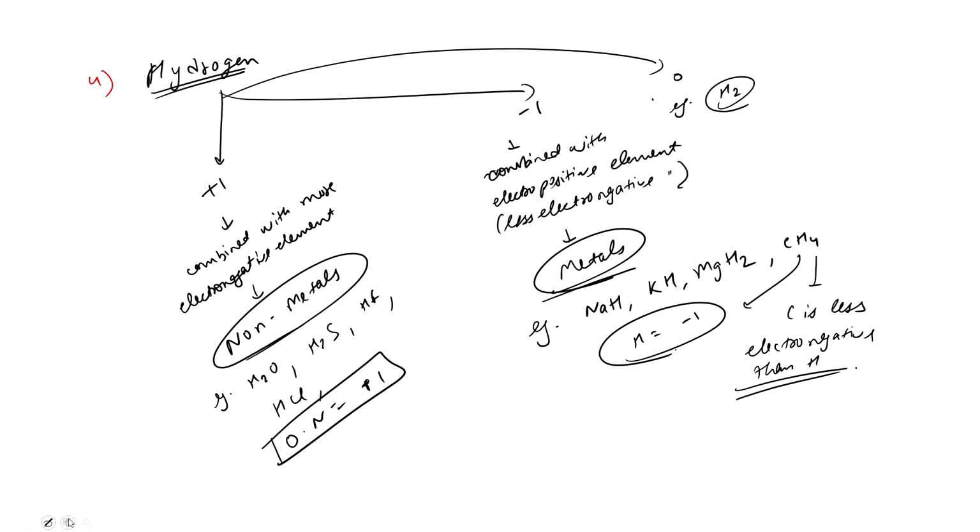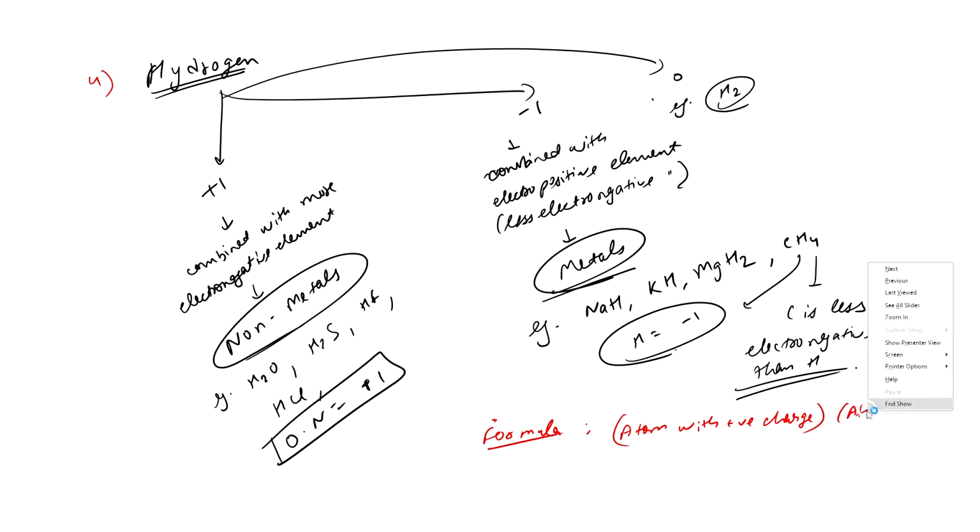I am giving you just a hint. Normally, the criterion for writing any compound is that we first write the atom with positive charge, or let us say the electropositive element, and then we write the atom with negative charge.